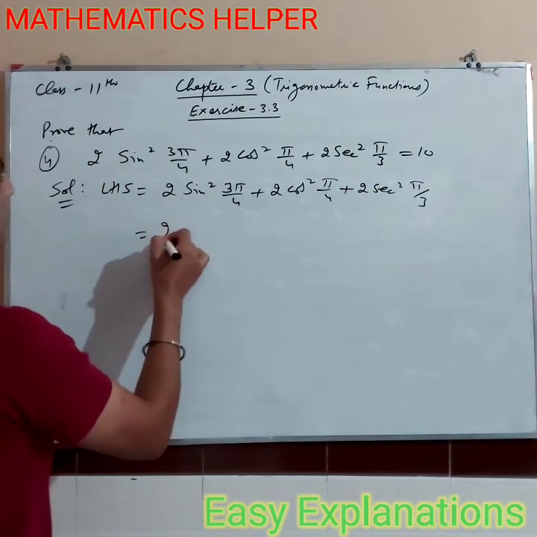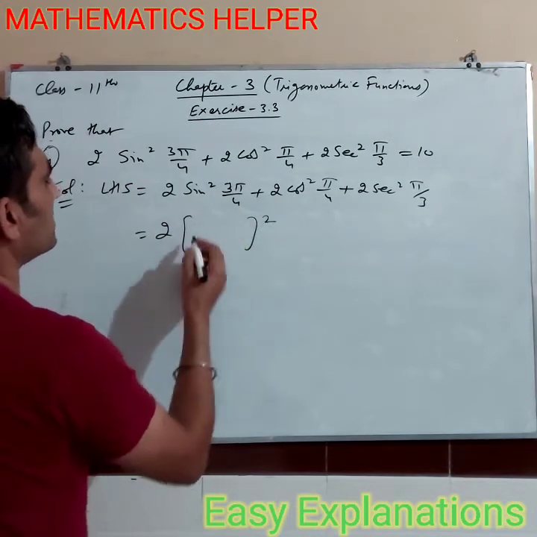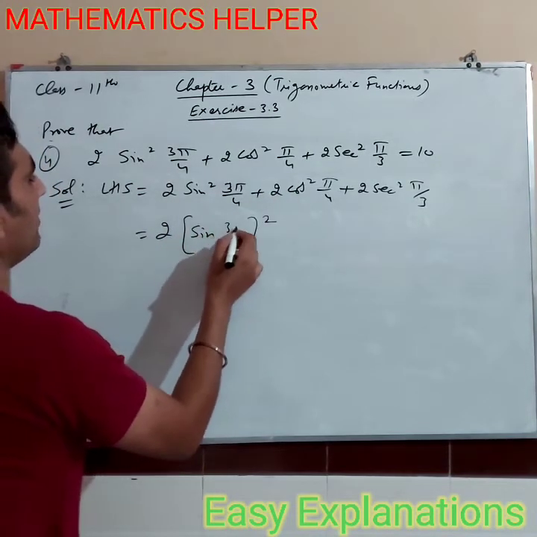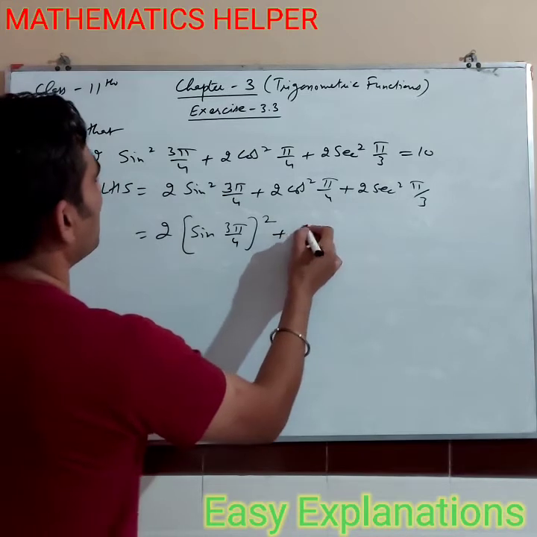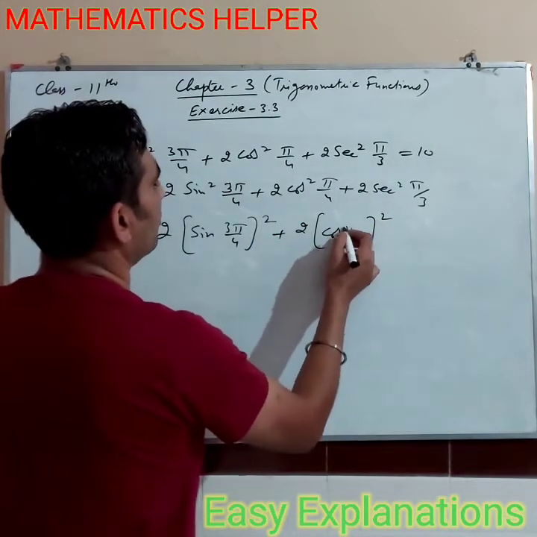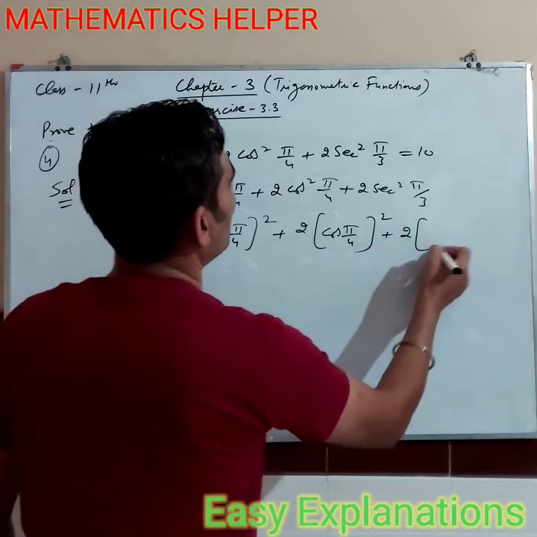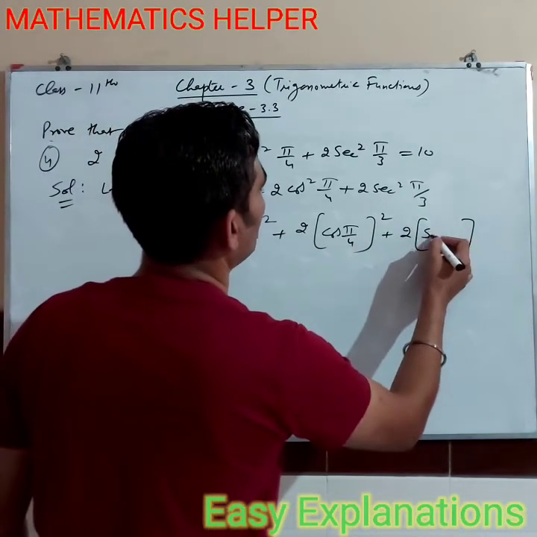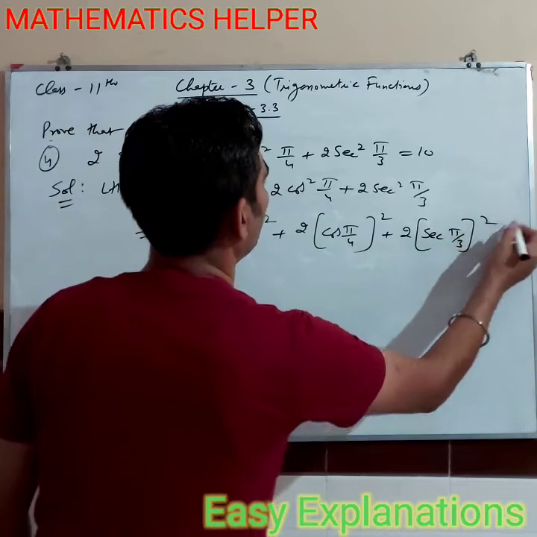So here we have 2 as it is. Square we can mark outside as usually we mark. It is sine 3 pi over 4 inside plus 2 cos square means square outside cos pi over 4, and lastly 2 secant square pi over 3 means it is square of secant pi over 3.